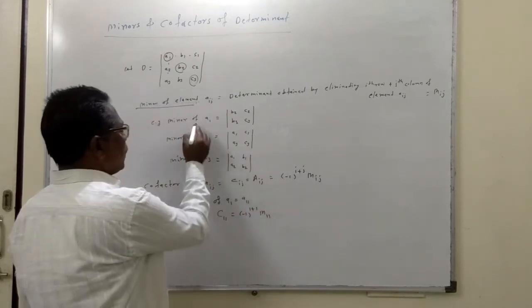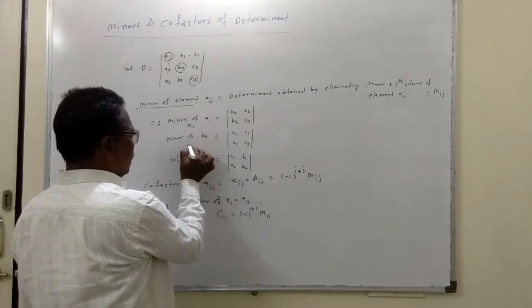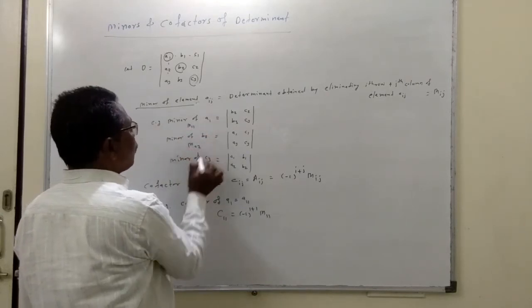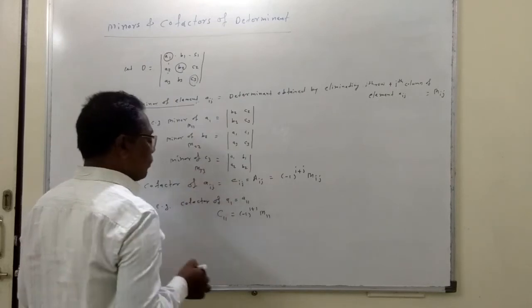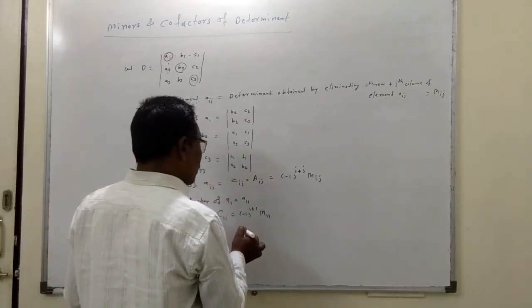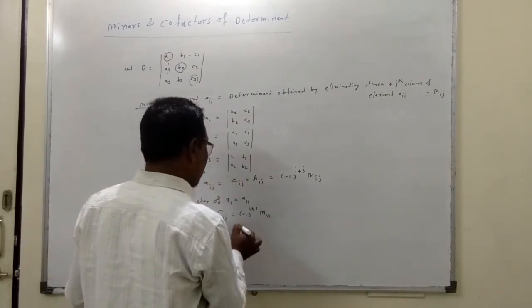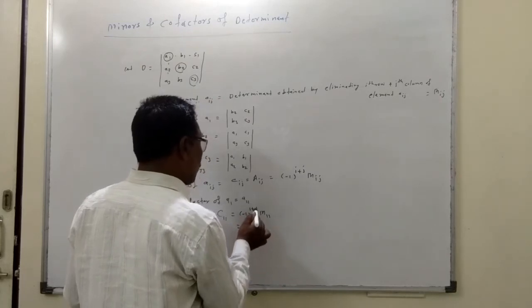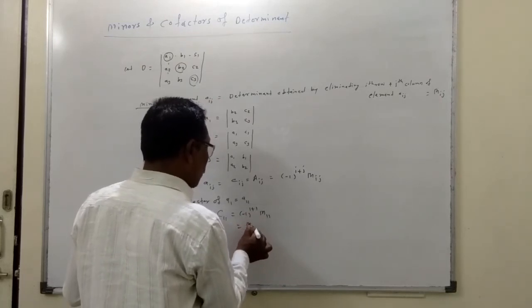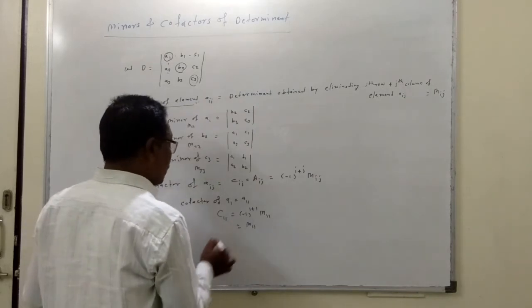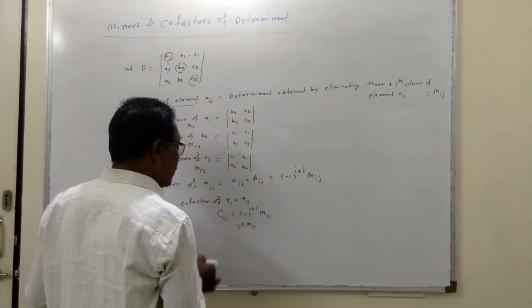This is M11, this is M22, this is M33, and so on. So that is minus 1 raised to 2, that is plus, so M11. So a positive sign is coming.